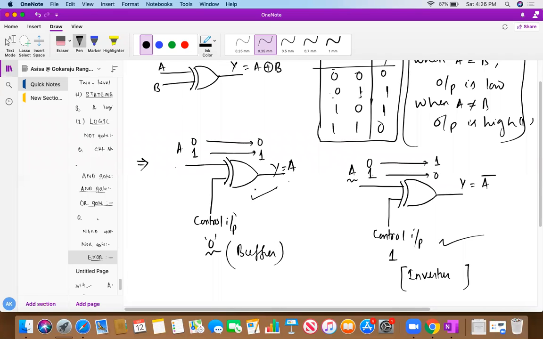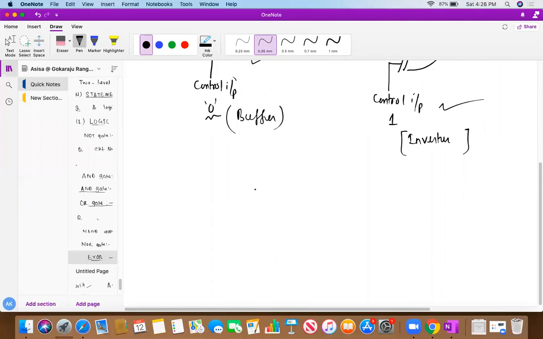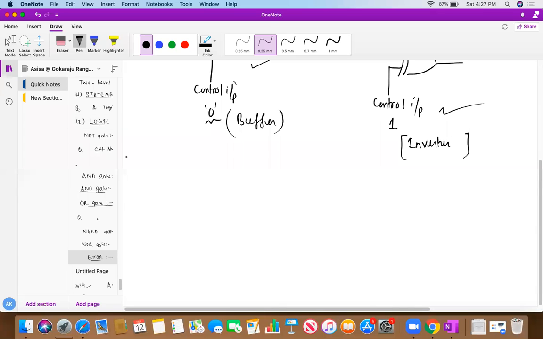So at no control input is this circuit going to disable my circuit. The XOR gate is not going to disable if I play with my control input. Very important, I'm going to use this in many places. Next, the XOR gate is also called a controlled inverter. Why is it a controlled inverter?